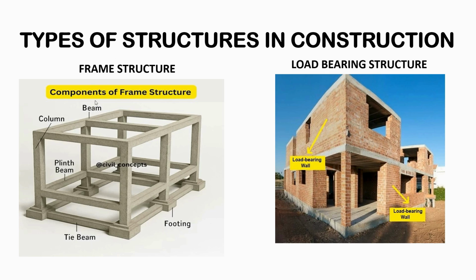Frame structures. These are simply structures that consist of beams and columns connected together, in which loads are transferred from each member directly to the ground, from the foundation to the ground. So the types of structures that consist of beams and columns are what we call frame structures.